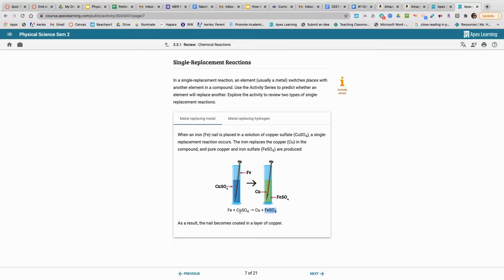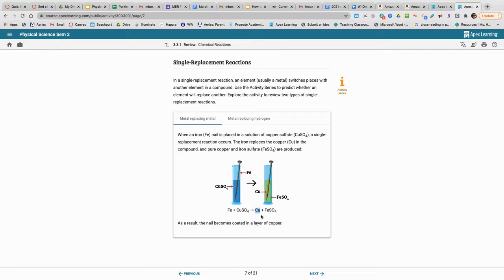The iron started out as a solid neutral atom and ended up as an ion in solution, and the copper started out as an ion and ended up as an atom, a neutral solid metal, and you can see the copper right here on the nail. So that's a single replacement reaction.